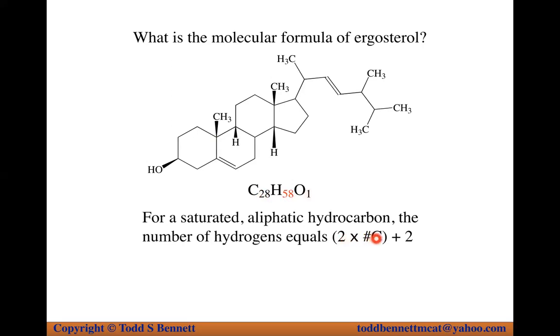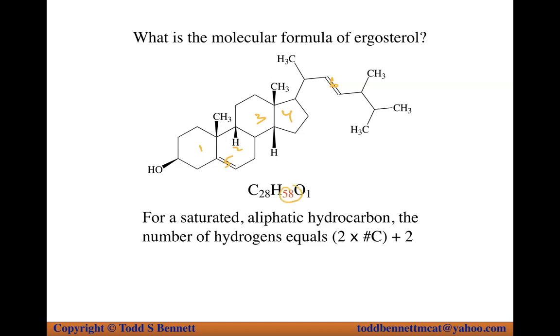And it would be totally true. It would be 2 times the number of carbons plus 2 for the H's if, in fact, it was saturated and aliphatic. It had no rings, no pi bonds. But as it were, that's not quite the case. It actually has 1, 2, 3, 4 rings and 5, 6 pi bonds. So for every ring and every pi bond, that's 2 fewer H's.